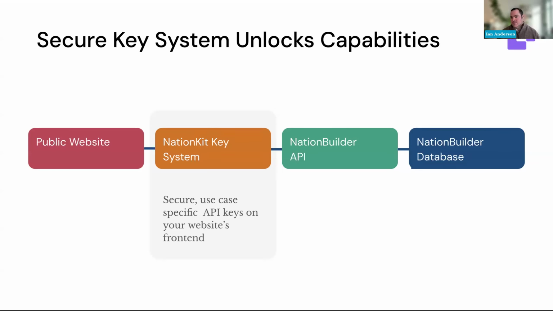So this allows you to have a page where maybe you want to let one segment of your users apply a specific tag, say to their recruits, and manage that. Instead of needing to give those people control panel access, you can have a page that they log into with either the NationBuilder member login or just by being logged in as a supporter on the site. They can go to this page and interact with that one action.